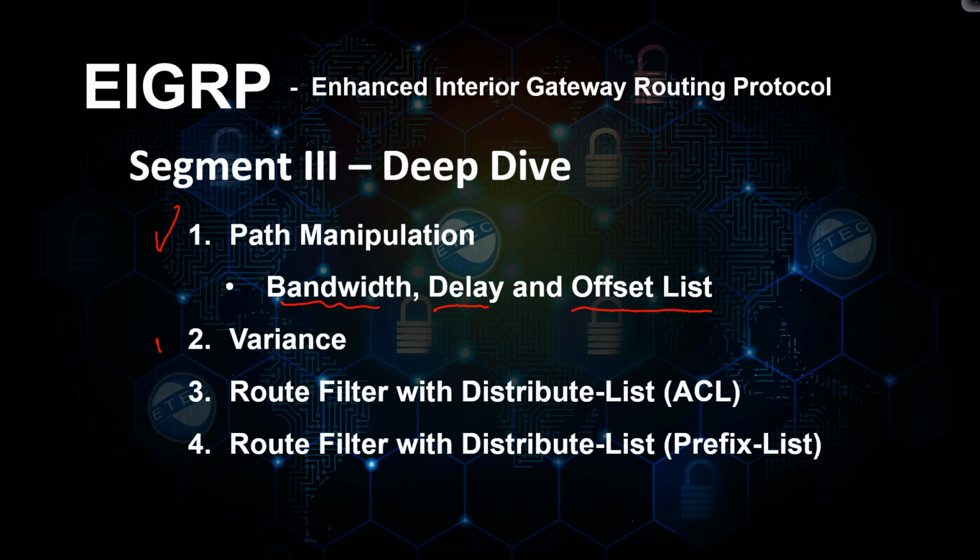We followed up with the variance command, which allows EIGRP to load balance over multiple paths even though they have different metrics. And last, we went over route filtering with the distribute list command with both ACL and Prefix-List.